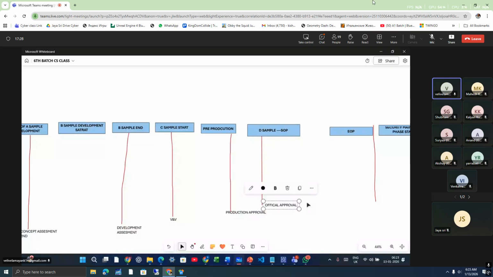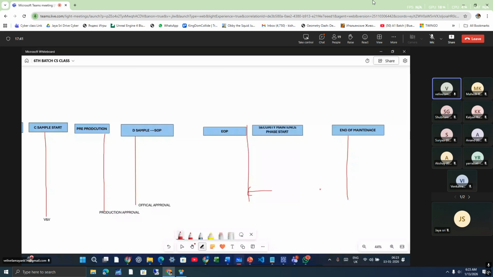Year to year, then your VDT. This is the period you will do incident response handling methodology at the cybersecurity level. Here also the analyst part will be there.